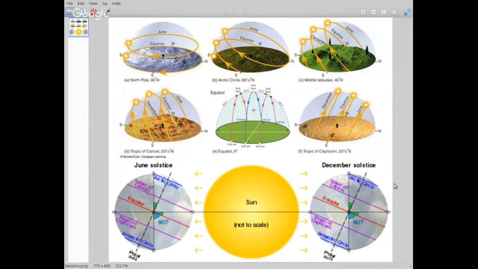The bottom row, that standard illustration of why we have seasons, doesn't work. And I'd like somebody kindly to tell me how it works, because if it can't work, then I don't see how the globe model can work.